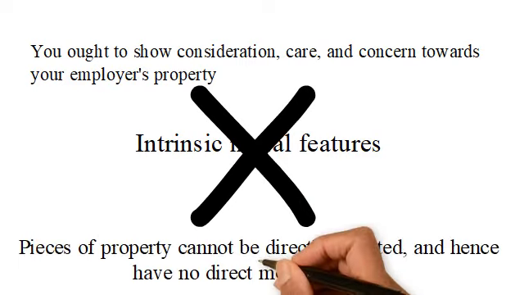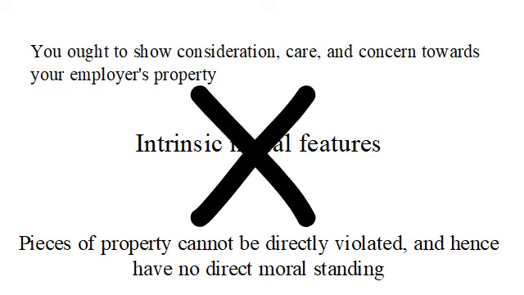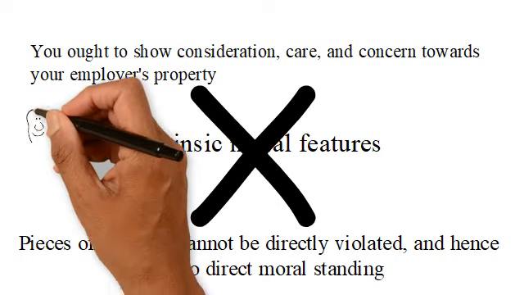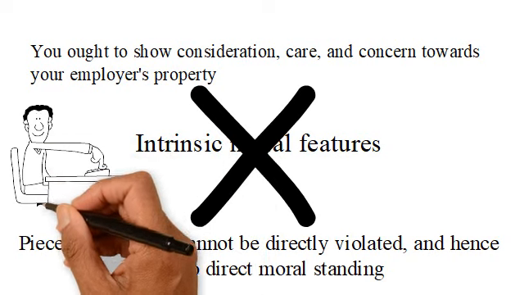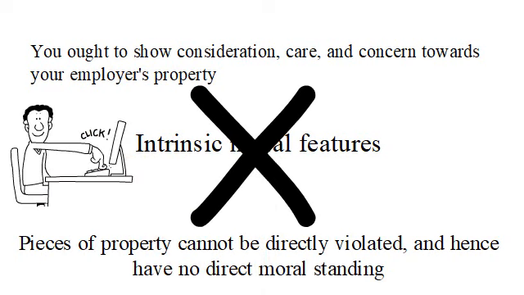Pieces of property are not the kinds of things that can be directly violated, and hence they do not have any direct moral standing. So in this case, the computer would only have some type of indirect moral standing. You are concerned with not violating your employer, and by misusing your employer's property, you would be violating your employer.